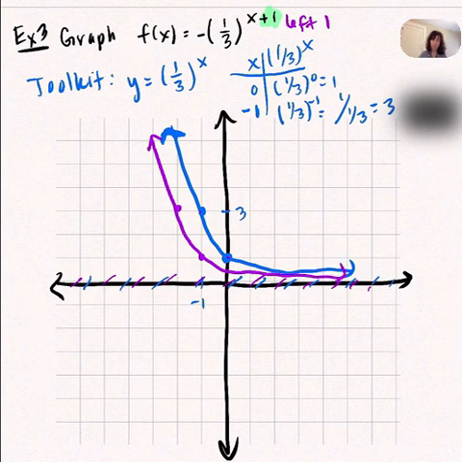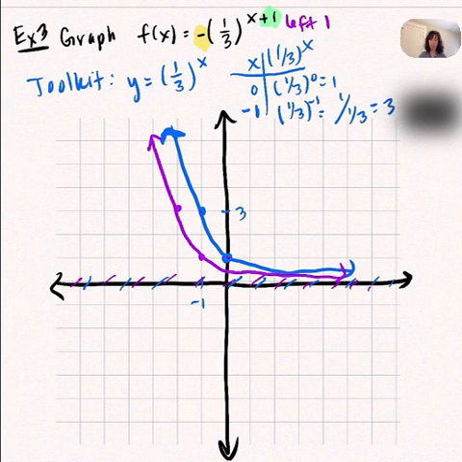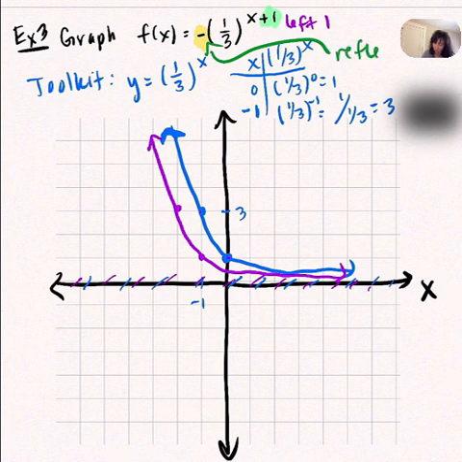Then if I put a negative in front, right here, that's going to reflect this graph over the x-axis. So we need to now reflect over the x-axis. So let's find a way to squeeze this in here. So we reflect over x-axis.